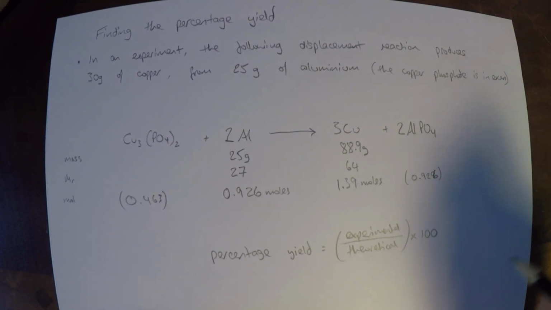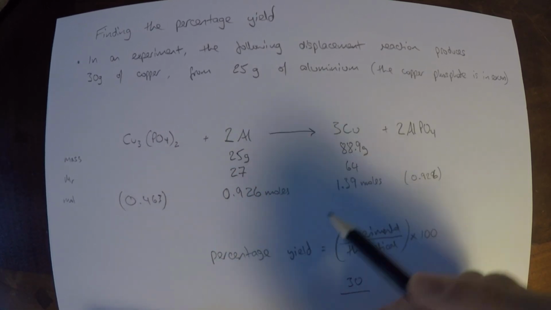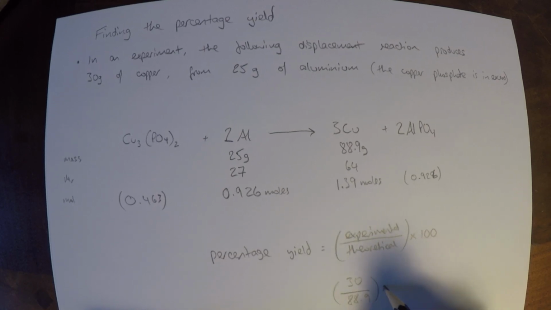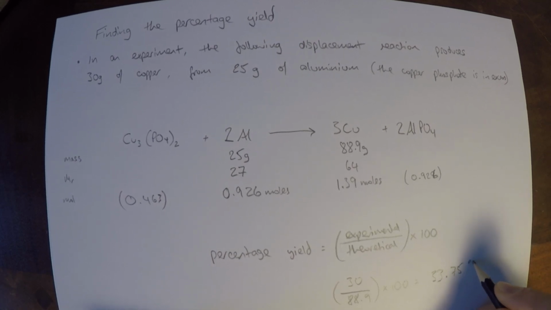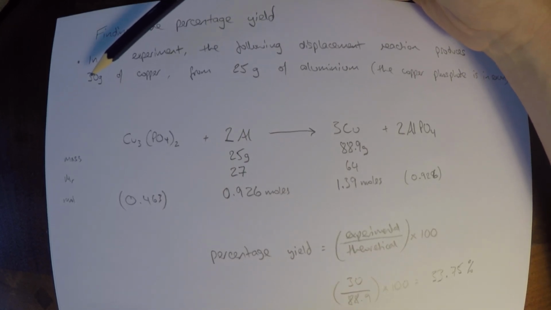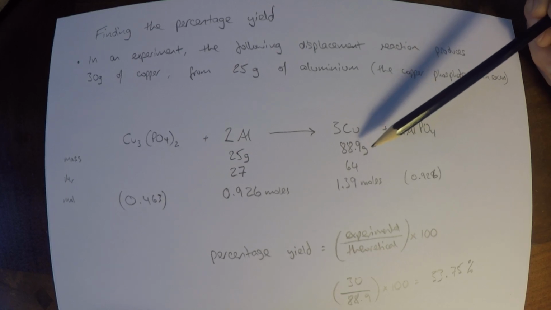So in this case, we can take our experimental yield of 30 grams, we can divide it by our theoretical yield of 88.9 grams, and this will give us a percentage of 33.75%. So this experiment produced 33.75% of the copper that we would expect, theoretically, if the reaction was to have run perfectly.